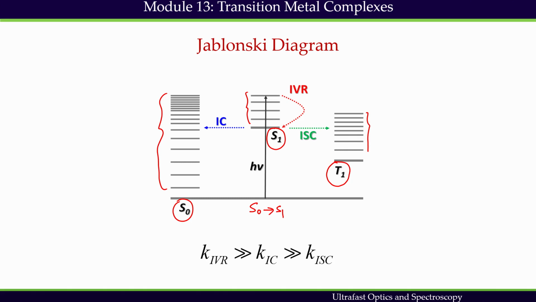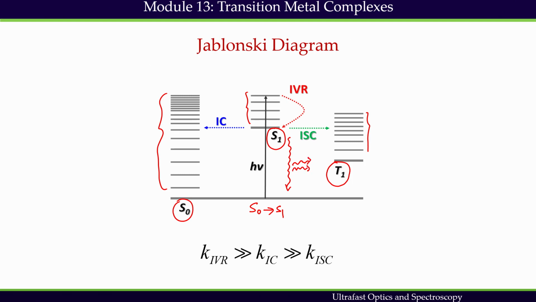S1 transition, this is a vertical transition. Following this transition, nuclear relaxation can lead to several radiative or non-radiative pathways. Radiative processes involve fluorescence, which means that I can have a return from S1 to S0 by incoherent emission, and that is fluorescence.